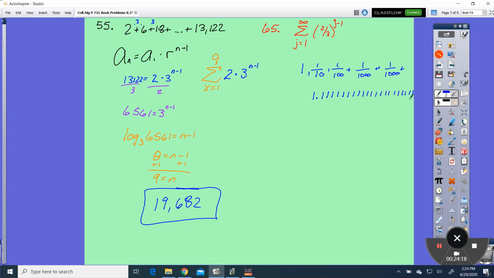This number out here gets so small that it's like I'm not even adding anything in there. I mean, that's 1, 2, 3, 4, 5, 6, 7, 8, 9, 10, 11, 12, 13, 14, 15, 16, 17, 18, 19, 20, 21. That's 21 decimal places out there. You can't even see that small.